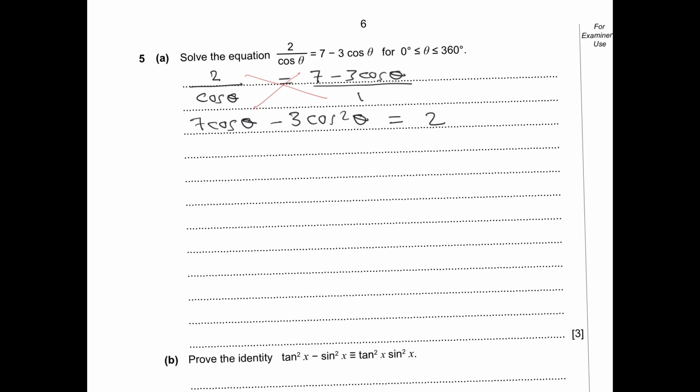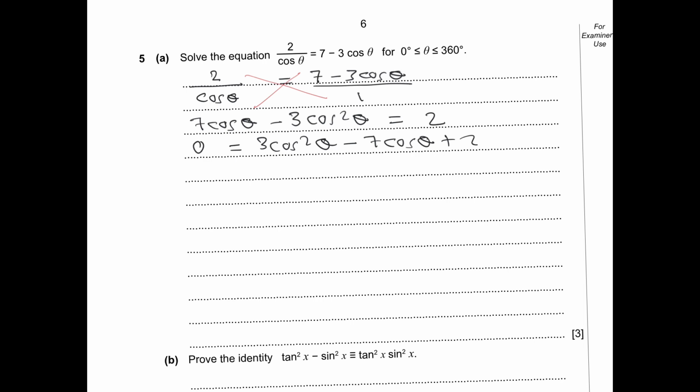All right, so if I take all the terms that are on the left hand side to the right hand side, what am I going to get? I'm going to get 0 is equal to 3 cos squared theta. It's negative on this side, so on the other side it becomes positive. And this one, if it goes to the other side, becomes negative 7 cos theta, of course plus 2.